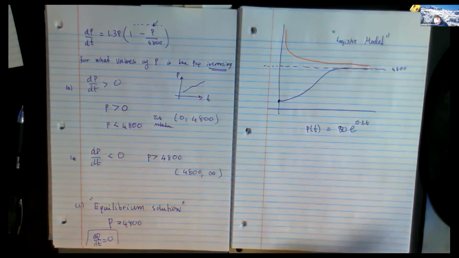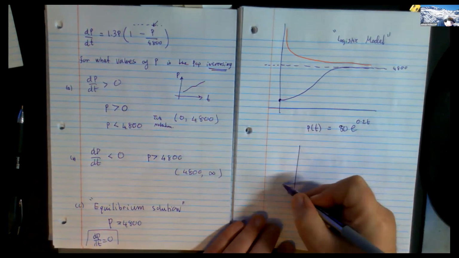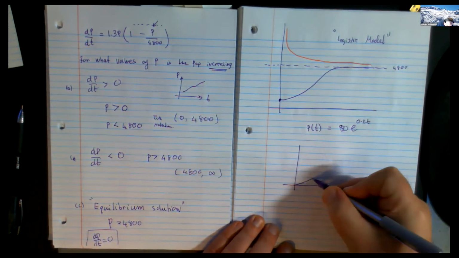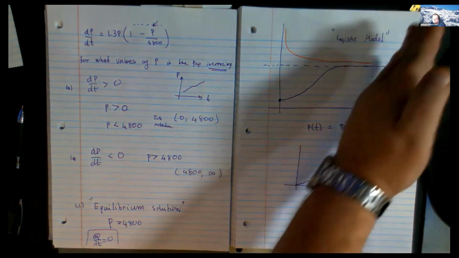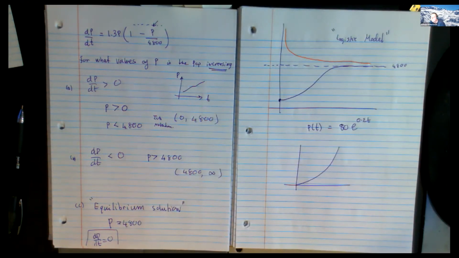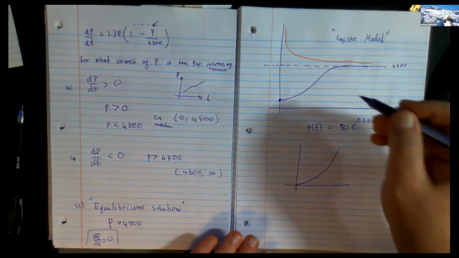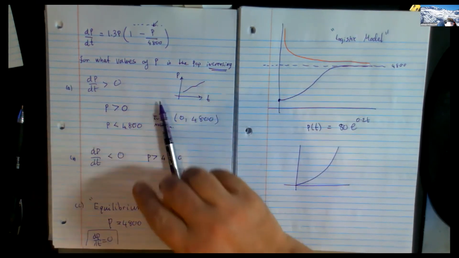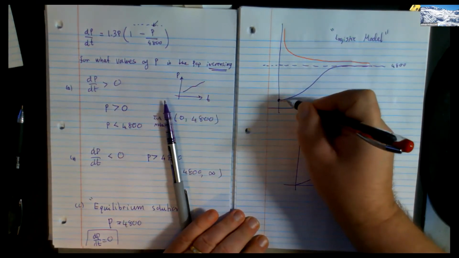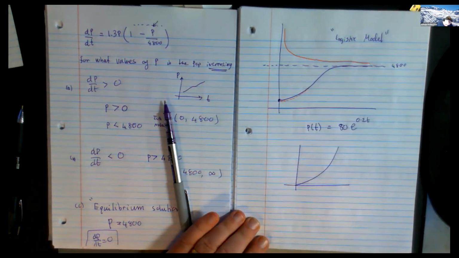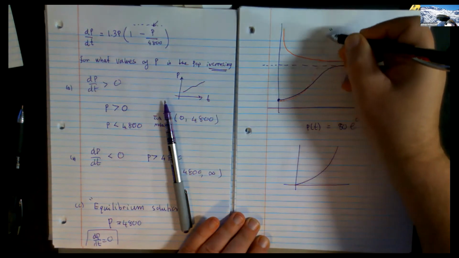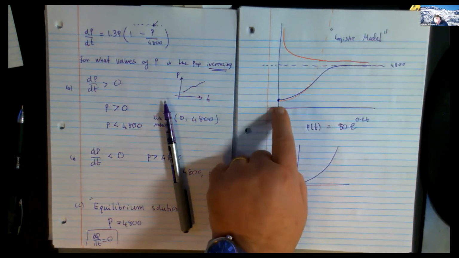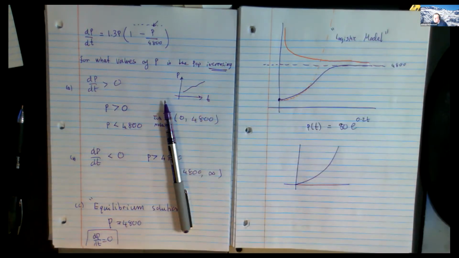I'm sure whoever taught you told you that these models are good for the first 3 or 4 years, but they're really bad at predicting 100 years from now, because they just get bigger and bigger very quickly. If you did the same thing with this logistic model, the first 3 or 4 or 5 years would look pretty much the same as that. But this one would shoot off and be really unrealistic, whereas this one would level off.